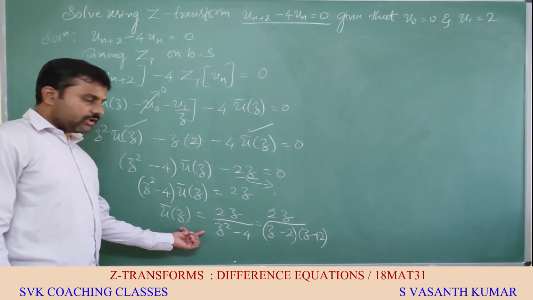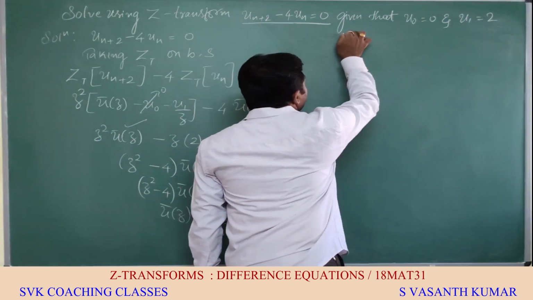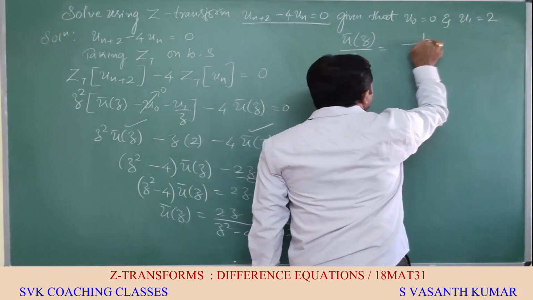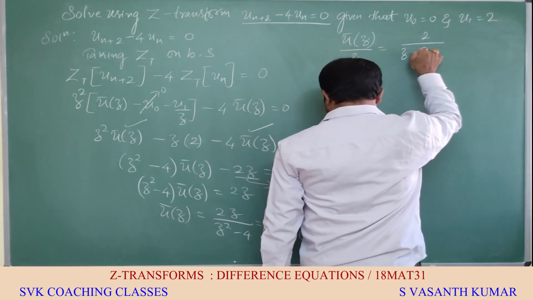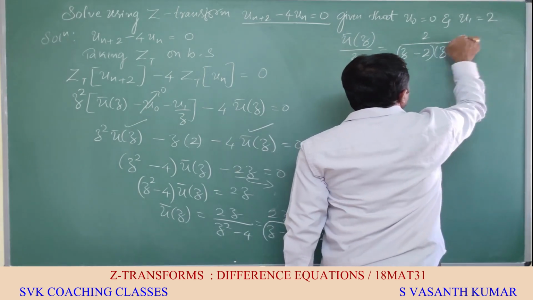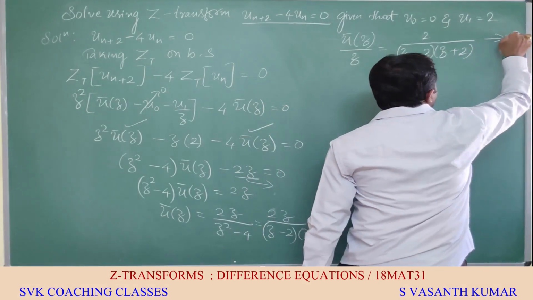Now dividing by z, you get u bar of z by z equal to 2 by z minus 2 into z plus 2. Now resolve this by partial fraction. Name this as equation star.